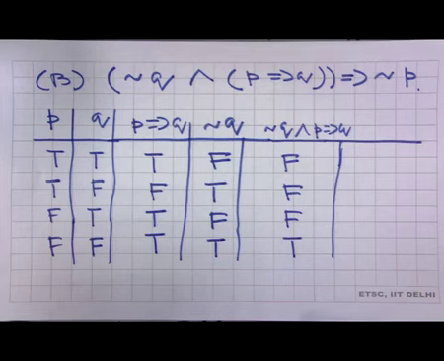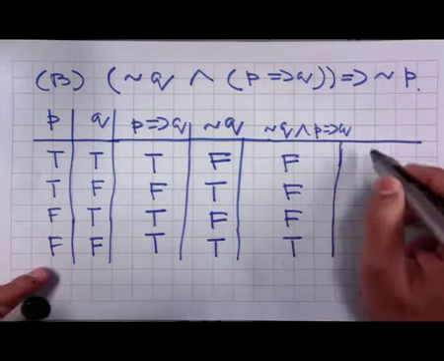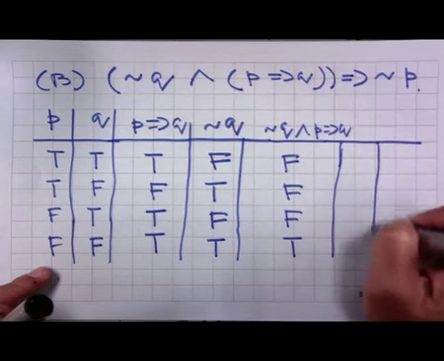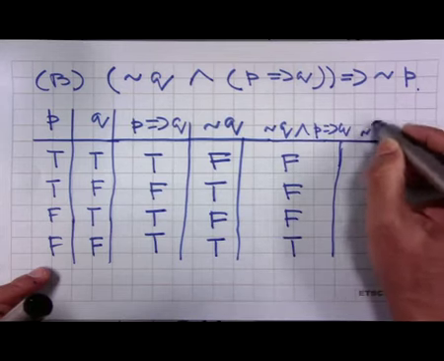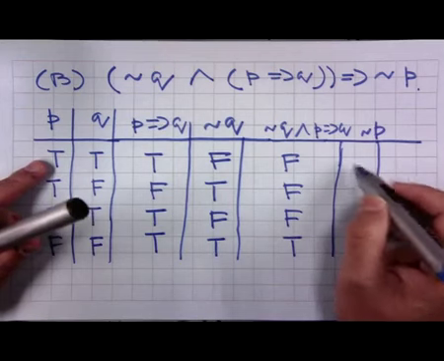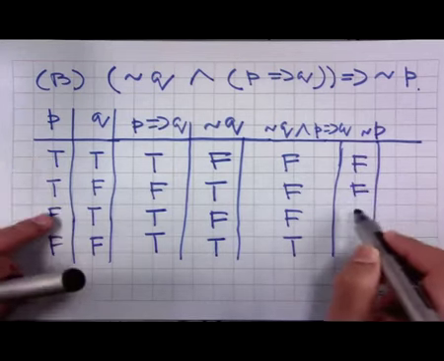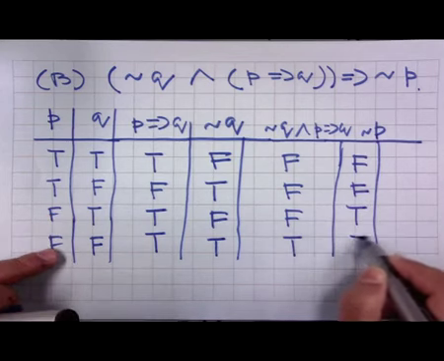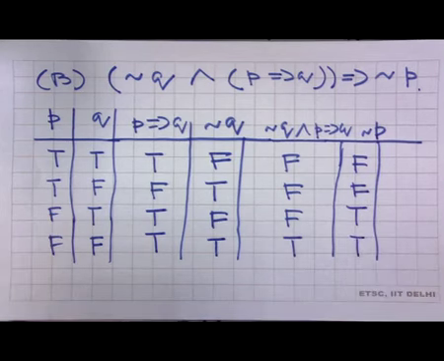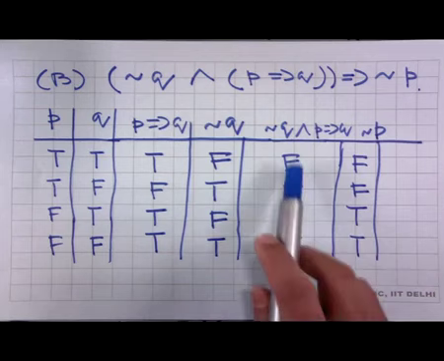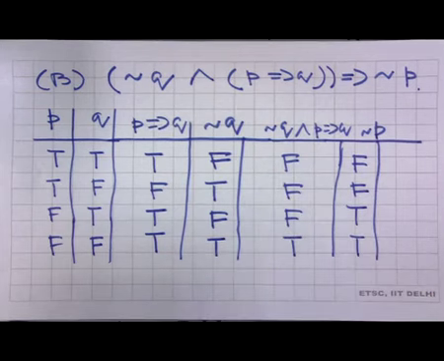Now, we want to check if this whole thing implies not P, what will happen. So, not P has the truth value opposite of P, which is false, false, true, true. Therefore, our job is to see what is the truth value of this implies this.